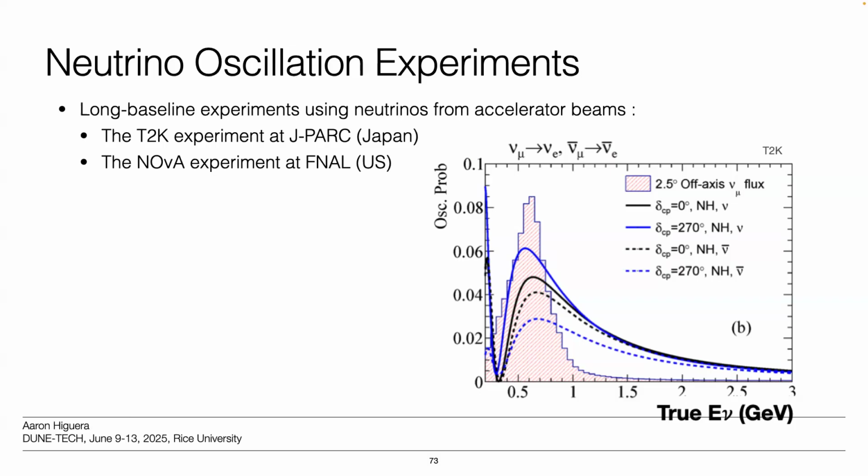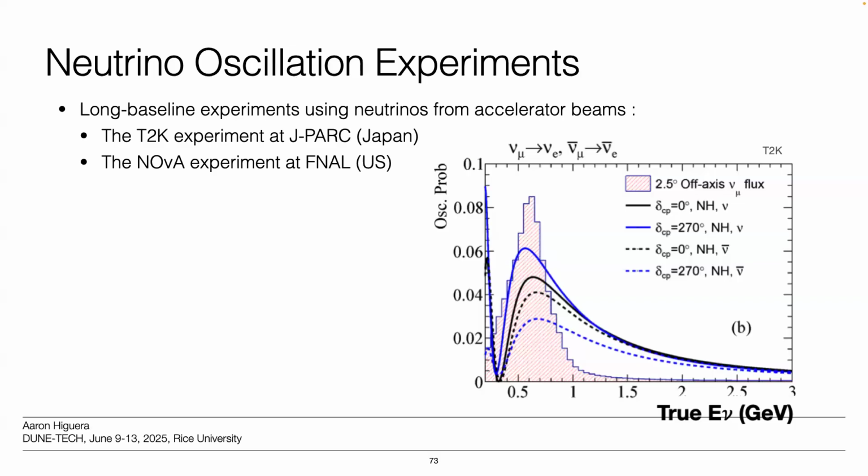And just to give an example, for the T2K data, this is the flux of neutrinos. This is the energy of neutrinos that I expect. And based on different values of this delta CP, you can see an enhancement or an increase in the number of neutrinos, right? Given a value, for instance, if delta CP is 0, you will have some probability that neutrinos will appear: around 5% of the muon neutrinos will turn into electron neutrinos.